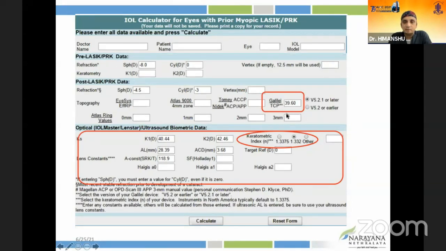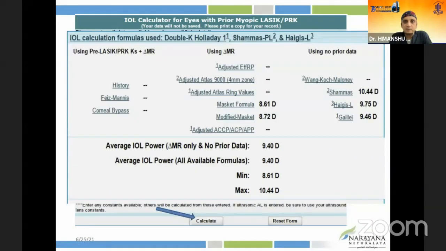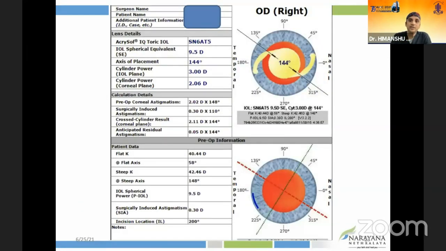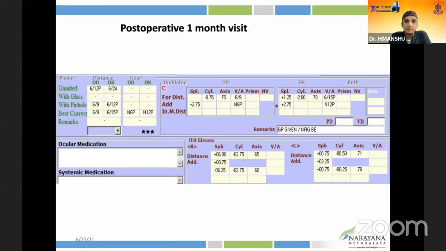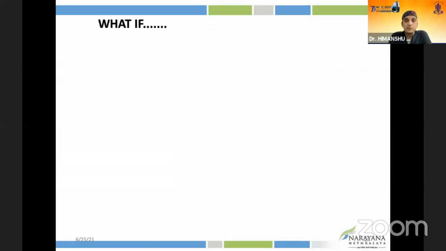For the total corneal power, earlier we measured using the data from the keratometry, as well as the historical data, which we enter here. Then if we calculate, we get a power somewhere around 9.5. Now, if we utilize this power in the toric calculator and put it in as the spherical power, using the toric calculator we got the lens power, and we got a significant visual outcome.